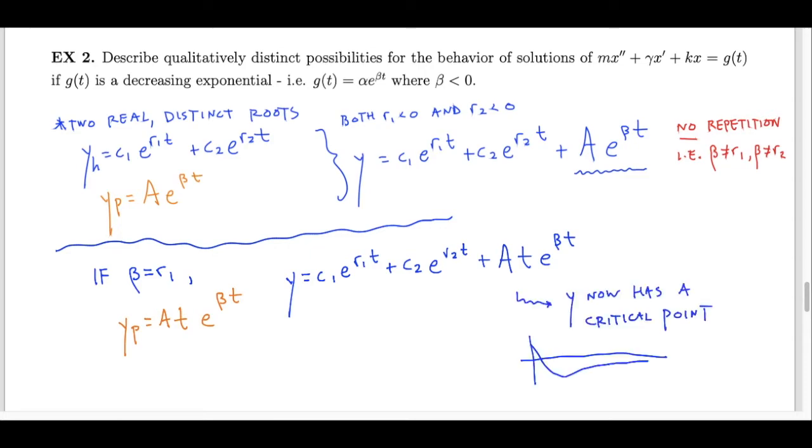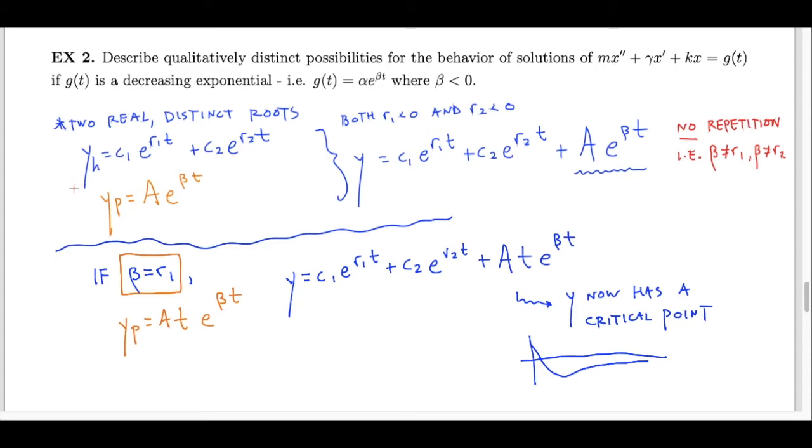To give a very rough sense of the behavior that I'm trying to describe, we would say that y now has a critical point, and I've drawn a very poor sketch here, where instead of the functions simply approaching zero, they actually have a critical point, in this case a minimum as I've drawn it, and then turn around and then approach zero. So this isn't a drastically different type of solution, but it is qualitatively different than the y sub h, the homogeneous or natural behavior of the system.